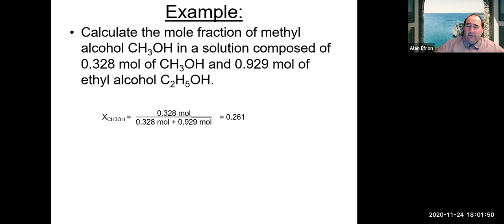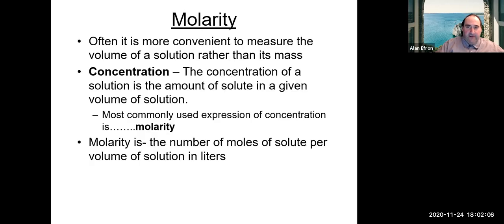If you wanted the mole fraction of the other component, since it's not multiplied by 100, you can take 1 minus it, as 1 would represent 100% in this sort of calculation. So that should still be fairly fresh, I think. It was on that exam we just took.